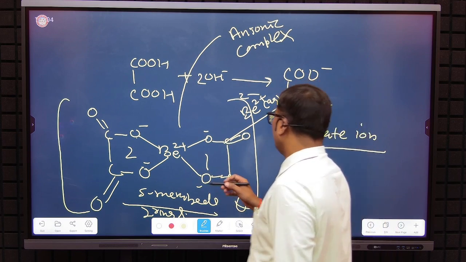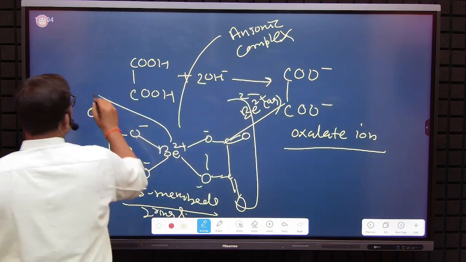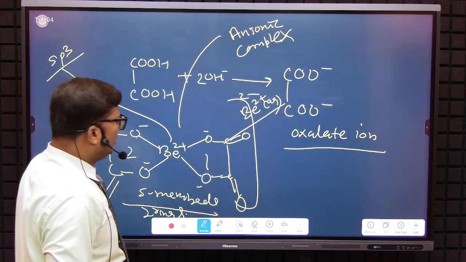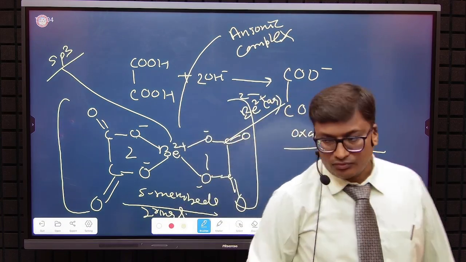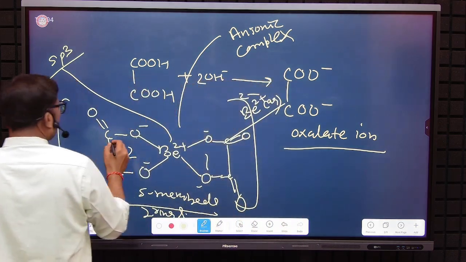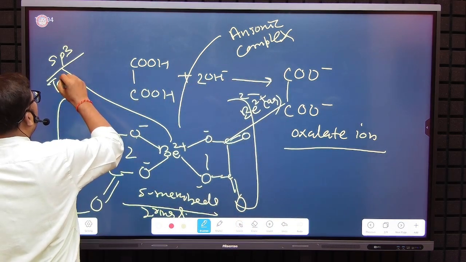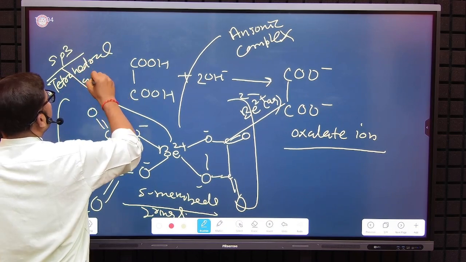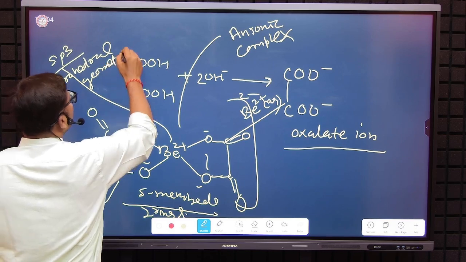So overall, this beryllium 2+ has sp3 hybridization, right? So it forms a tetrahedral geometry, right?